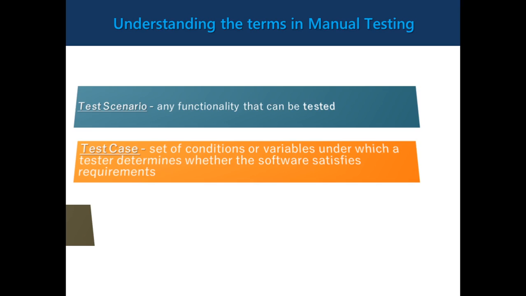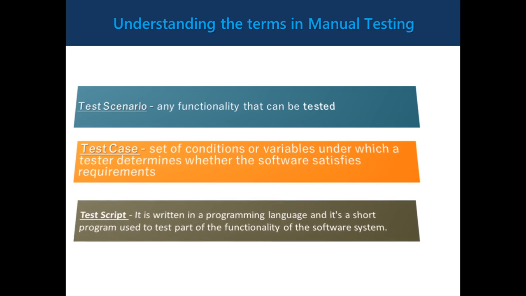You're going to check if those conditions or requirements are being satisfied. If you see the test case, it consists of the inputs, the preconditions, the execution, the expected results, and the actual results. So it will be more specific. You're going to test each of the procedures and see whether it satisfies the requirements.